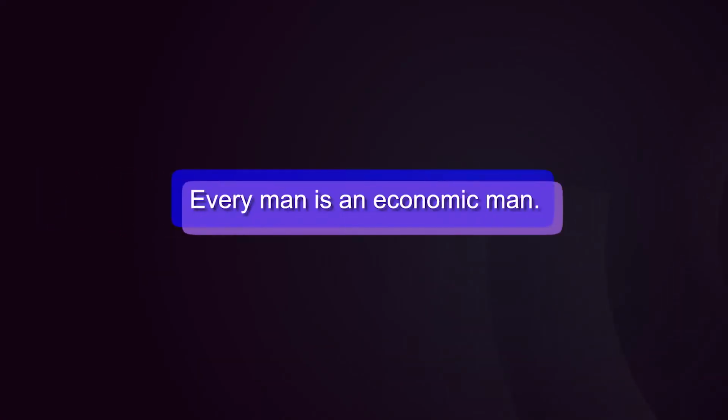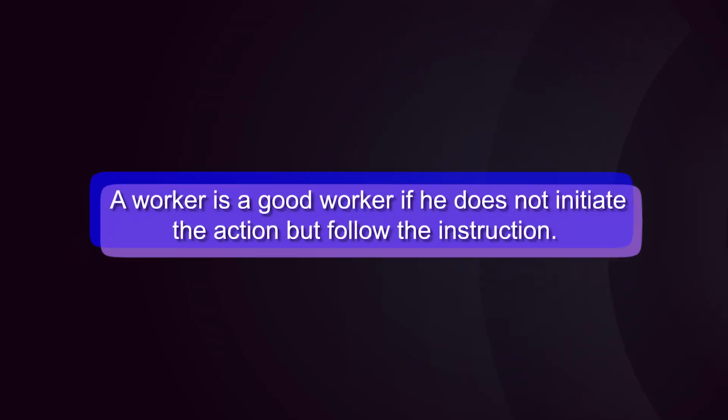Second, every man is an economic man. And third, a worker is a good worker if he does not initiate the action but follows the instruction. Therefore, scientific management theory is all about clearly stated rules and regulations and instructions which are fixed in nature and universally applicable.